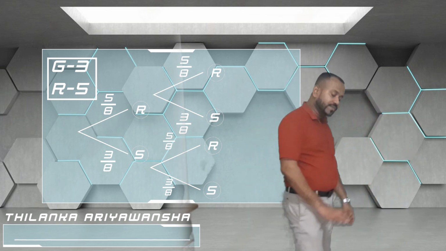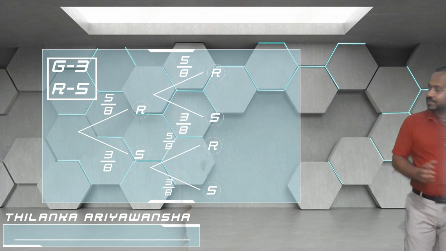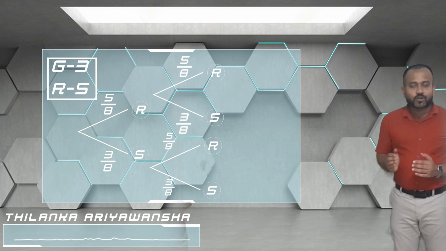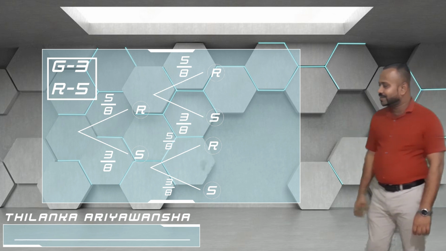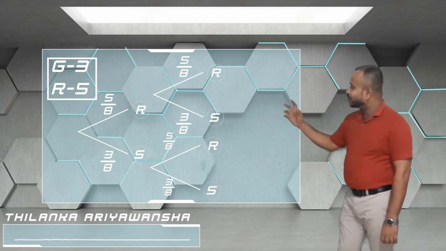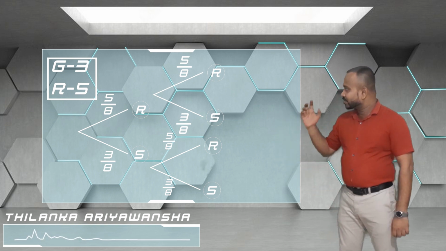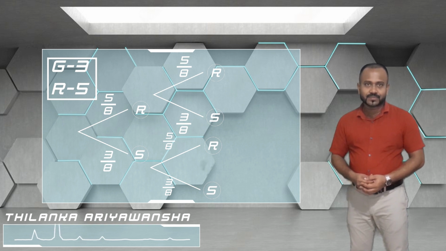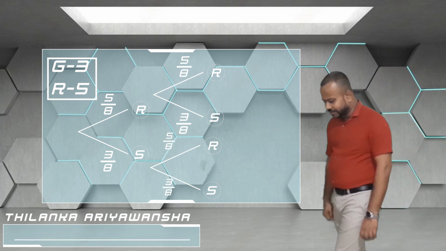Next, we will see what kind of questions they can ask from these tree diagrams and how we can answer such questions. Okay, now here I am going to find out the probability of getting red beads both times. Now when we are going through this tree diagram, this is just like a tree, children.